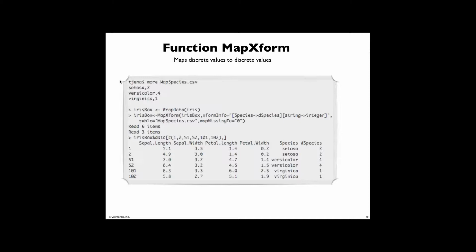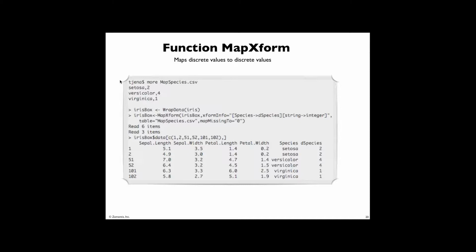And the exact mapping is in this external file, mapspecies.csv, and at the very top you can see what that would look like. So for example, setosa comma 2 means, well, input variable, if its value is setosa, it's mapped to the value 2, and so on. And again, the data field I show at the bottom shows after the transformation what it looks like.